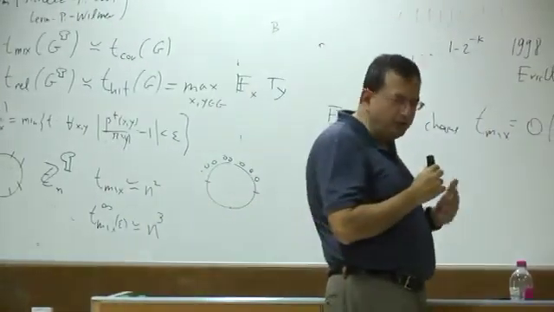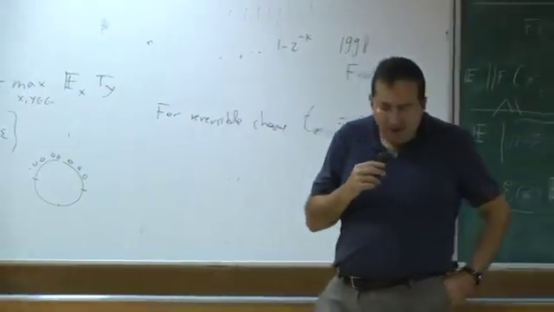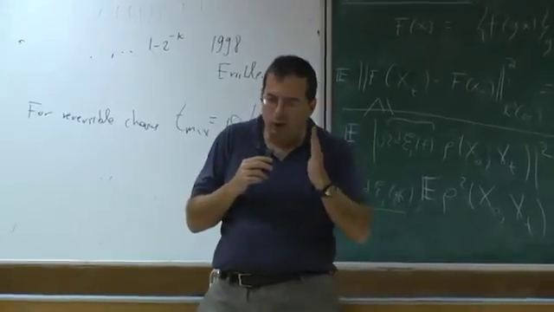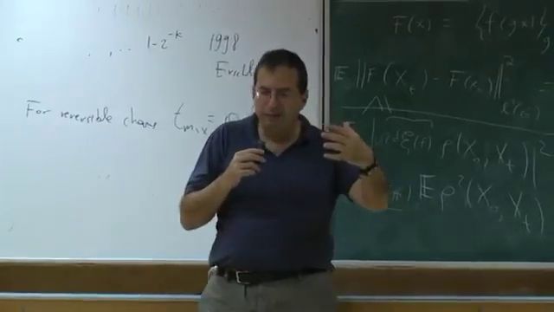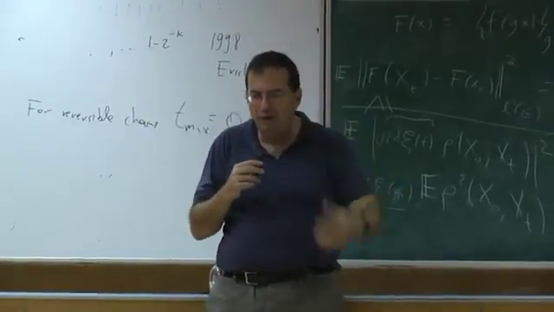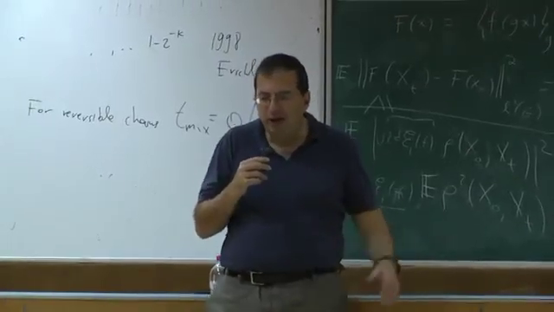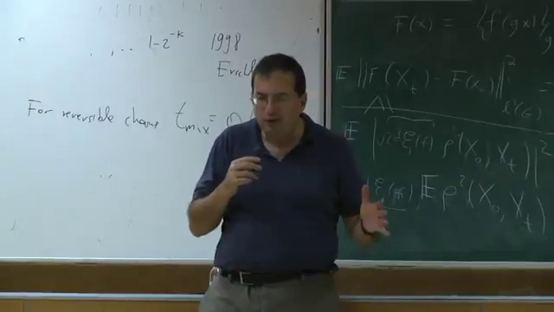Conventions are by definition things that don't have a good reason. That's why we say it's a convention. But the point is, a half is really a crucial watershed. If you take the example I showed several times, 2 complete graphs with an edge between them, then if you take any epsilon bigger than a half, T mix of epsilon will be order 1.